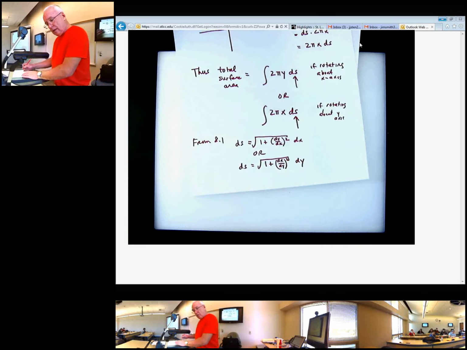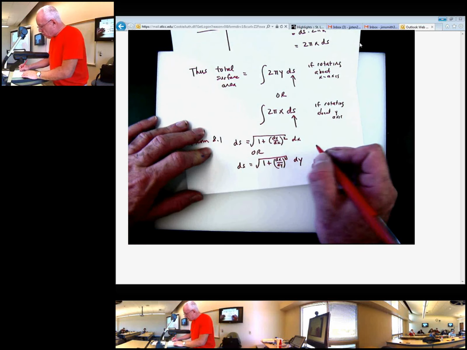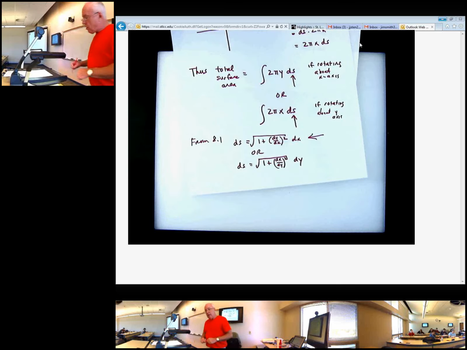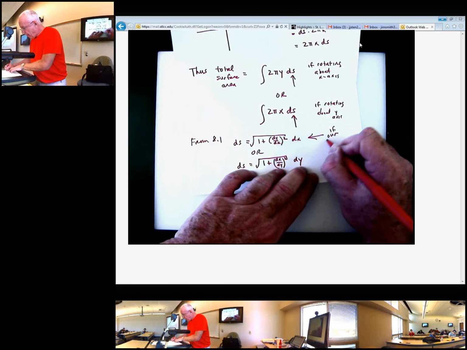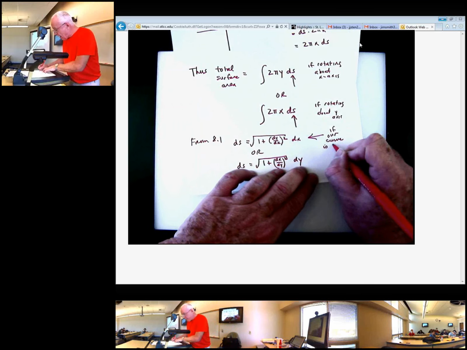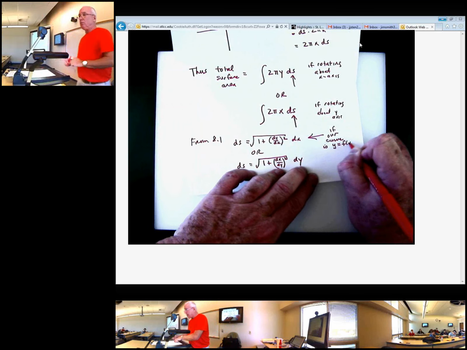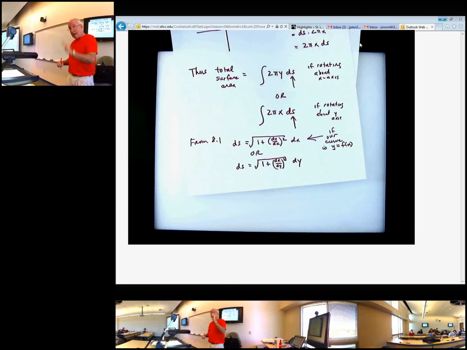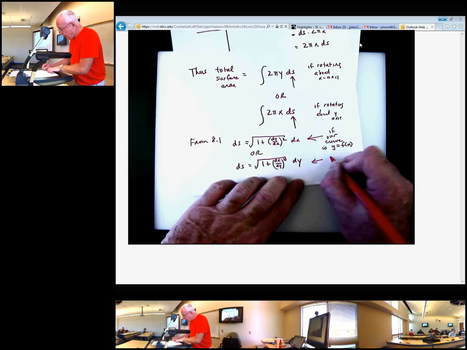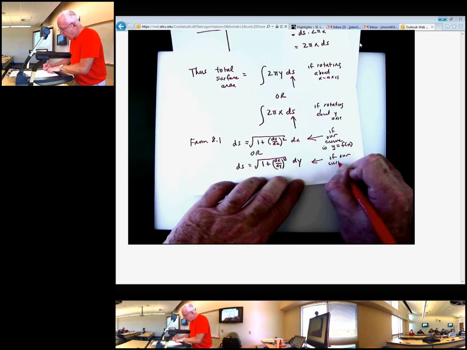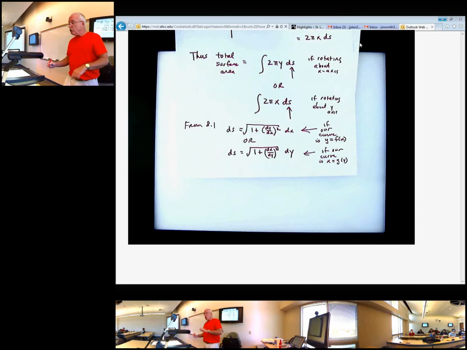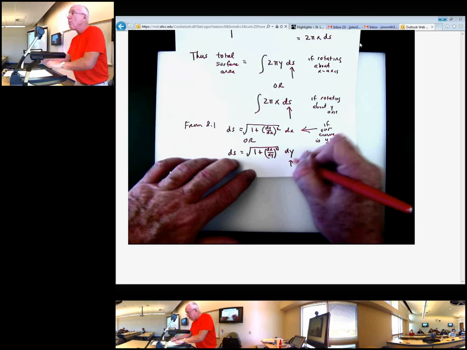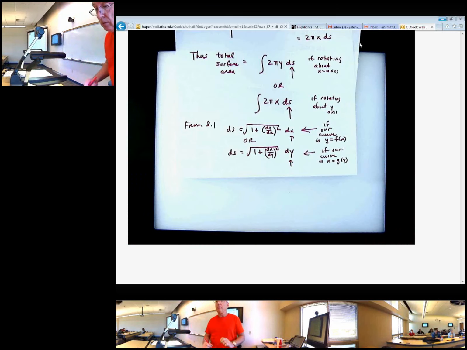Now, we're going to use the one that has the dx in it if our curve is something like y equal to a function of x. If our curve is x equaling a function of y, the other way, we want to use the dy. All right? Okay.